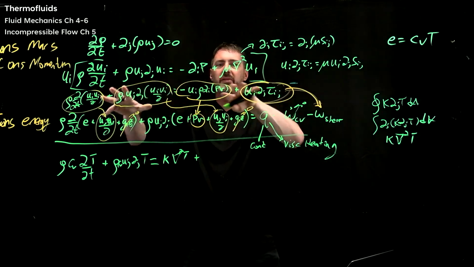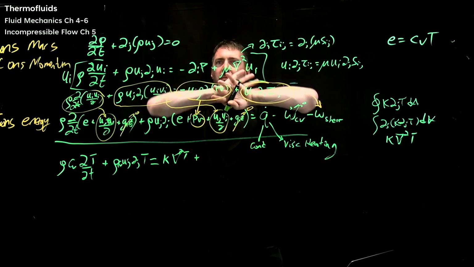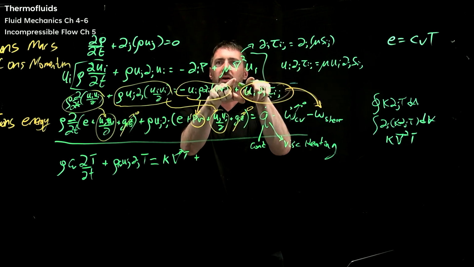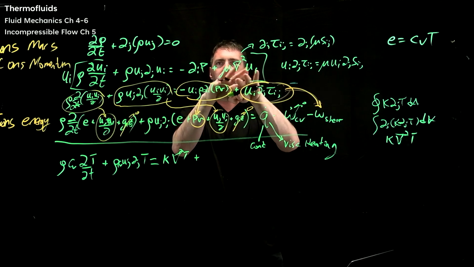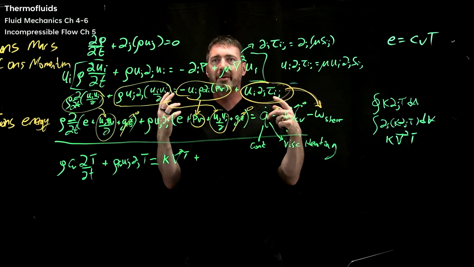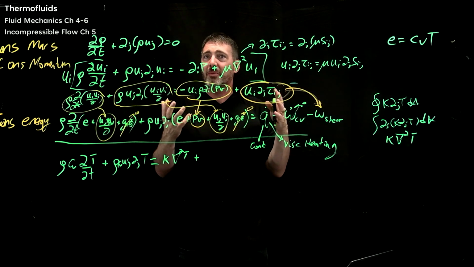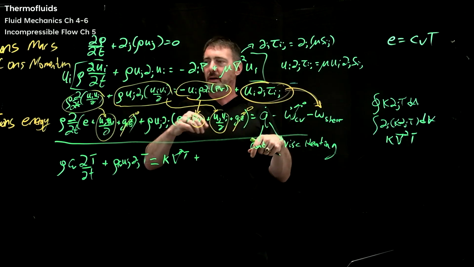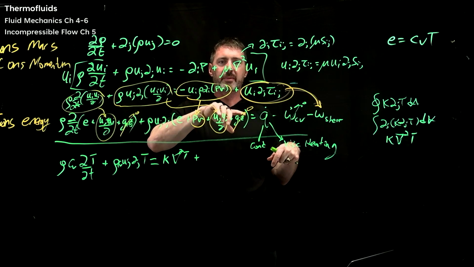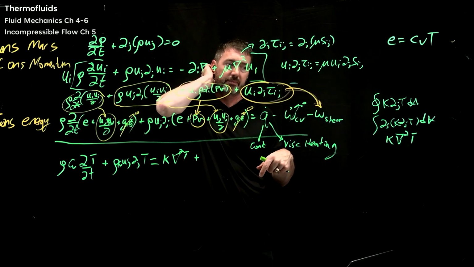If you look up here at momentum, what viscosity is doing is smothering out any curvature. From an energy point of view, if viscosity is smothering things out, that energy has to go somewhere.